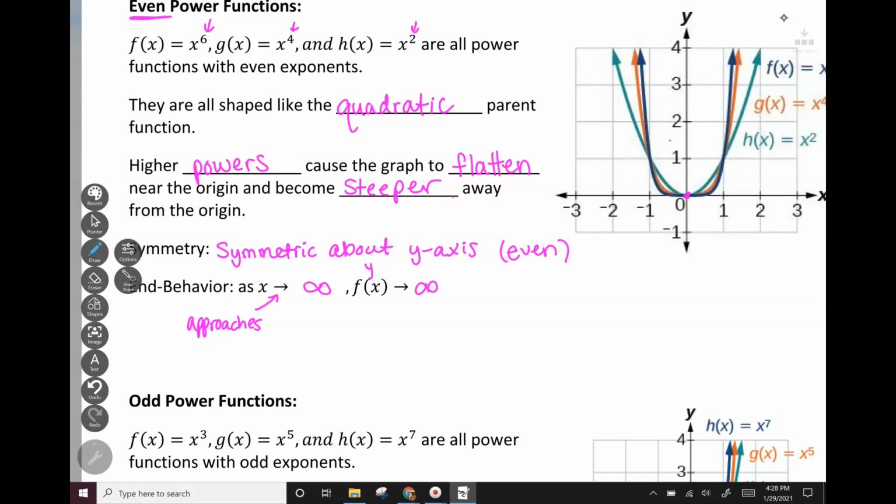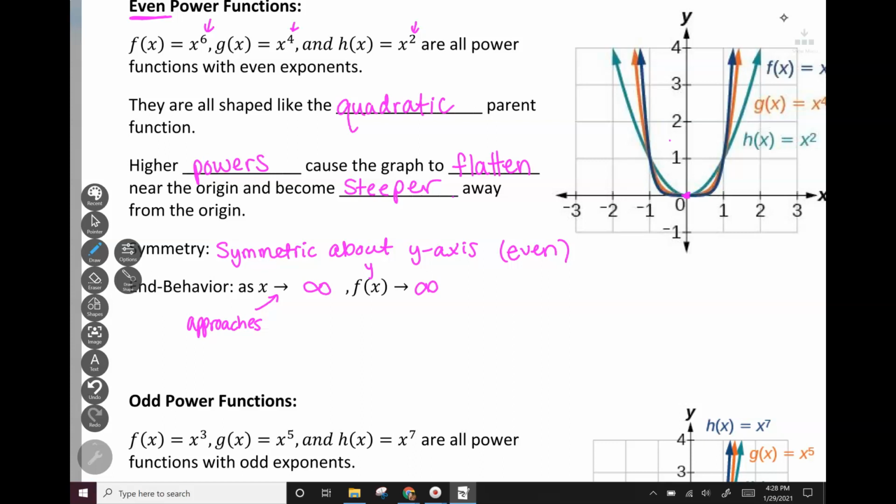And then as x approaches negative infinity, as we move this direction on our graph, what is happening to the curve there? Well, it's still going up, up, up. So as x approaches negative infinity, we're also going up forever, and so that's also approaching positive infinity.